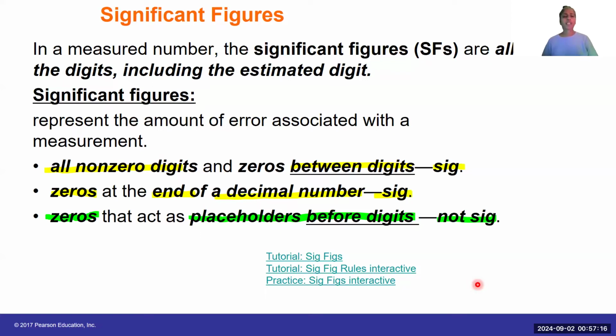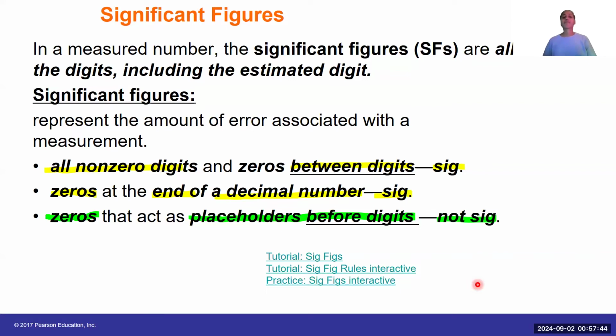Well, all non-zero digits and 0 between non-zero digits are going to be significant. If you have zeros at the end or to the very right of a number, and there is a decimal place, right? All of those zeros on the end are going to be significant.